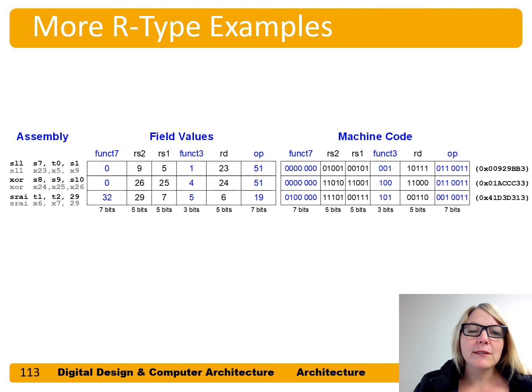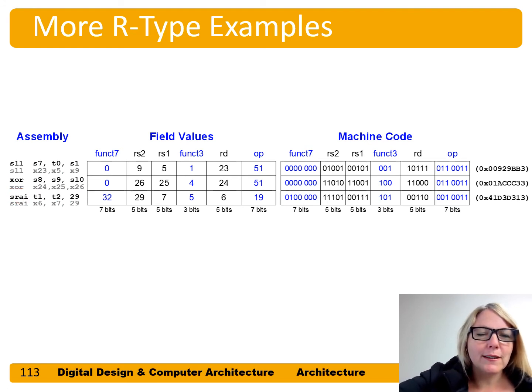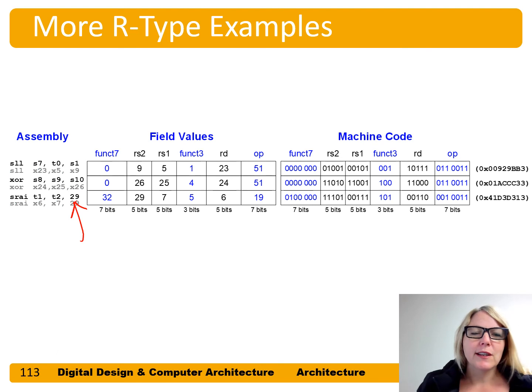Here are some more R-type examples. We have shift left logical, XOR, and this last one is perhaps unexpected. The shift immediate instructions, so in this case, shift right arithmetic immediate, are also R-type instructions, even though we have this immediate operand. So this is a little bit counterintuitive, but we actually encode that immediate value in the RS2 field.